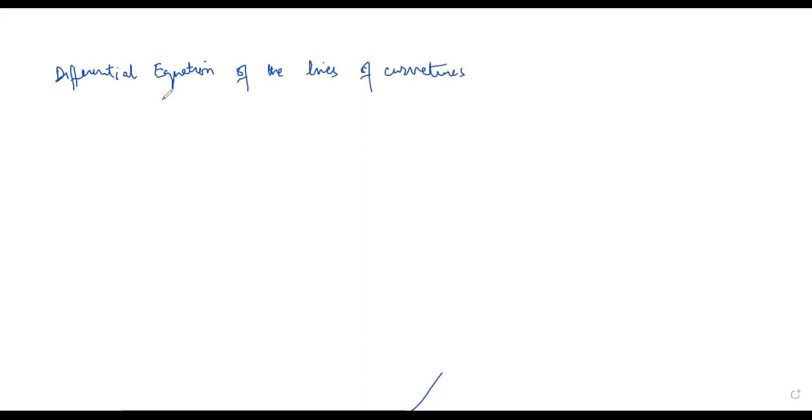Lines of curvature are by definition those curves on the surface such that a tangent at any point lies in the direction of the principal directions at that point. So उनकी differential equation same होगी, क्योंकि differential equation is about the direction of the tangents.